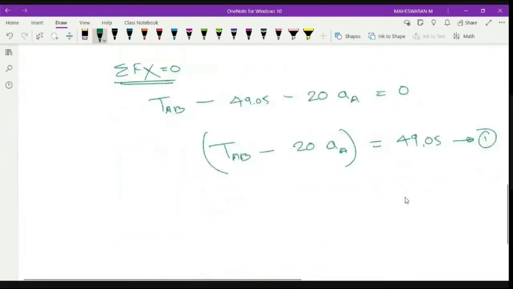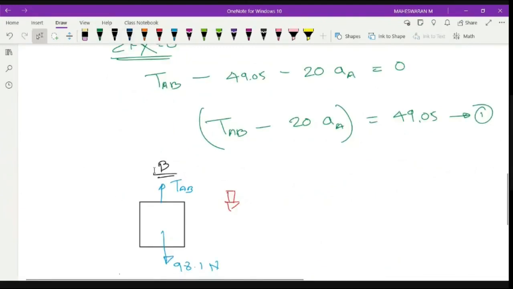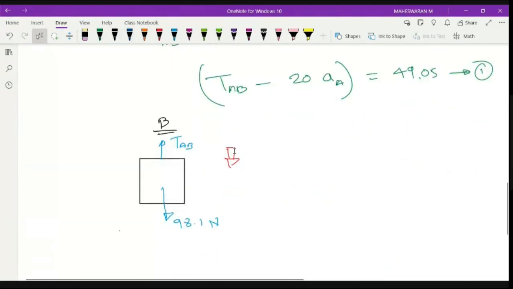When we go for block B, you can see that the direction is downward, so your equilibrium force will be an upward force opposite to the direction, right? Which is mass into acceleration. Mass is 10 into AB, right? That will be acting upward. Now there is no sigma Fx here, only Fy.